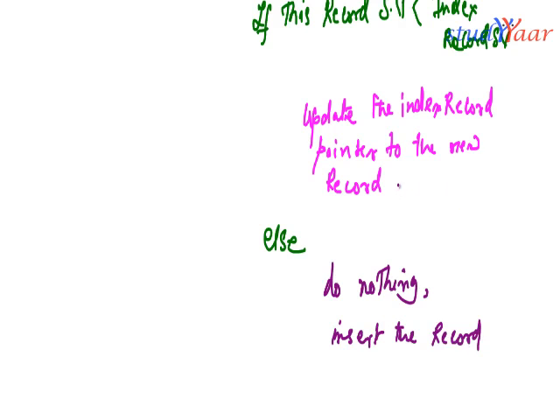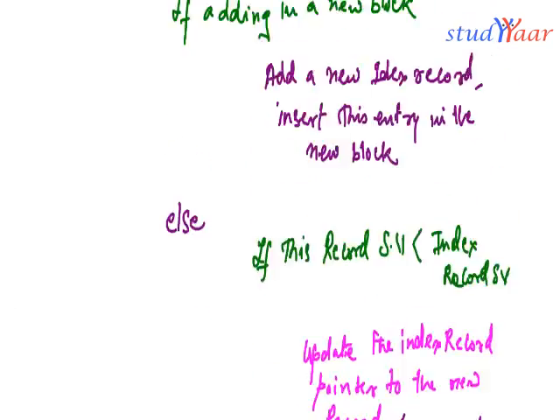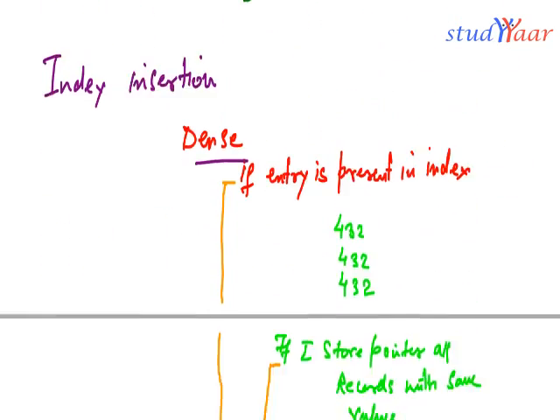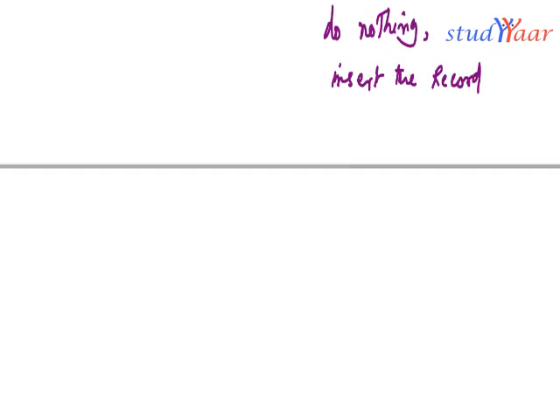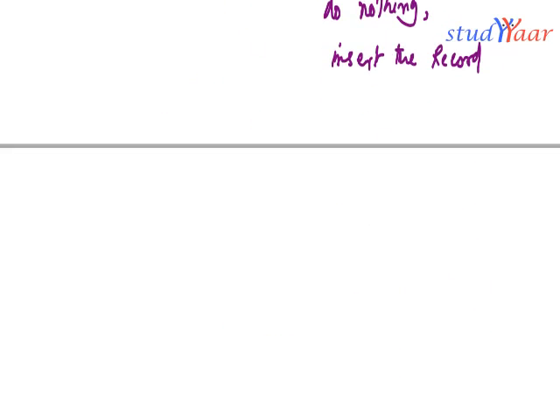We would insert the record here as well, obviously, since the record has to be inserted anyway. We are currently concentrating on what we do with the index entry. So that was about how inserting a new record affects an index.